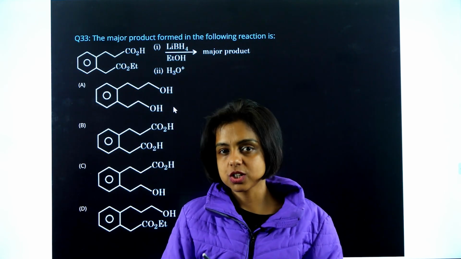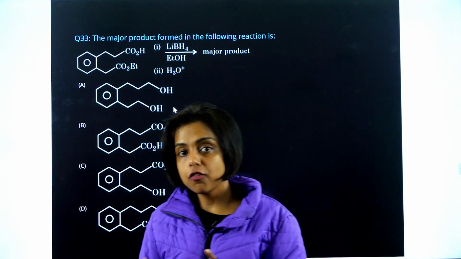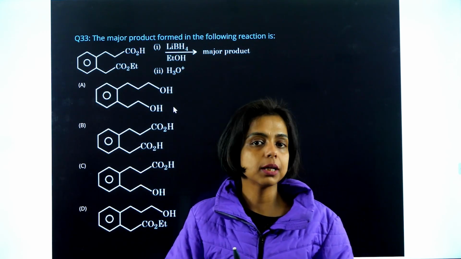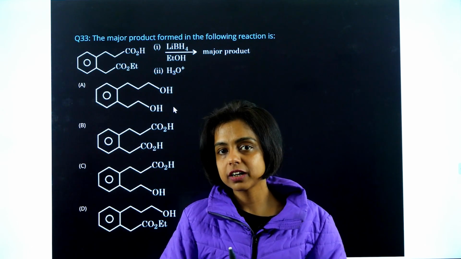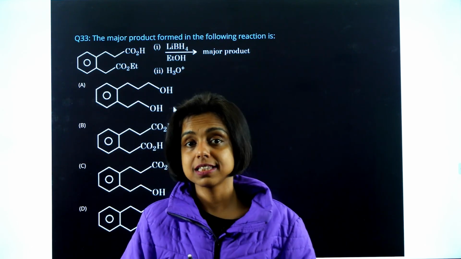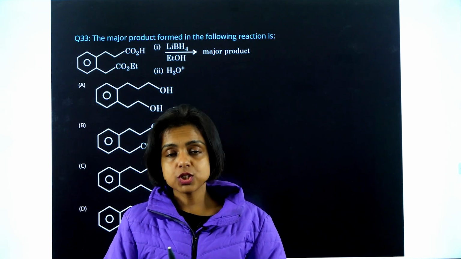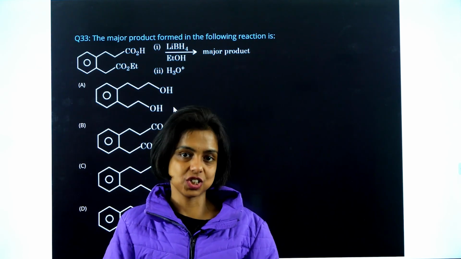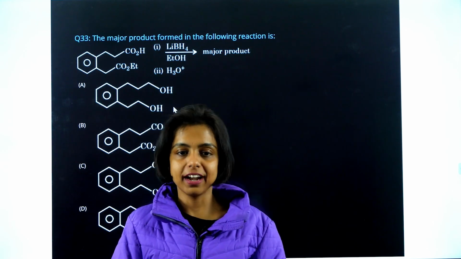For selective reduction of esters or lactones in the presence of carboxylic acid, if I use lithium aluminium hydride, my COOH will also get reduced. So if we don't want our carboxylic acid to get reduced, and just want the ester to be reduced by the reagent, we use lithium borohydride.